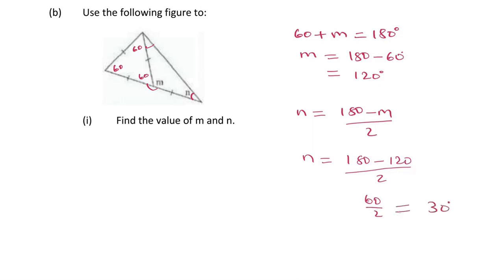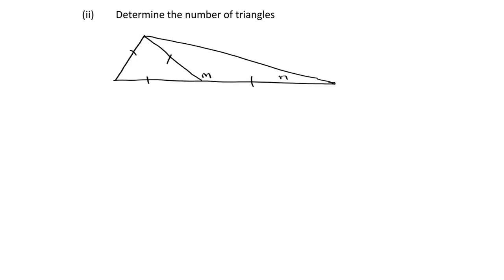And these are going to be our answers. For Roman 2, we are supposed to determine the number of triangles. Okay, so from the figure, first we have this equilateral triangle, and then we have this isosceles triangle, and then we have a combined triangle. So in total, we have 3 triangles.